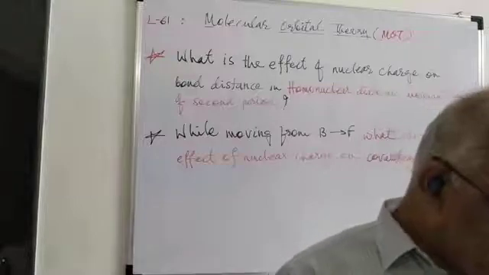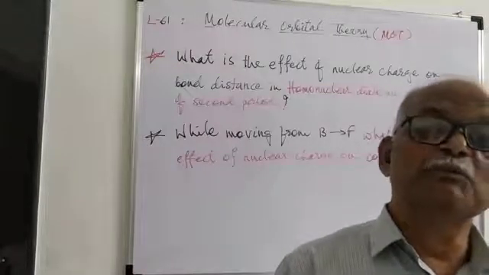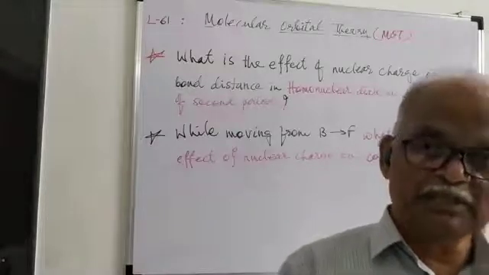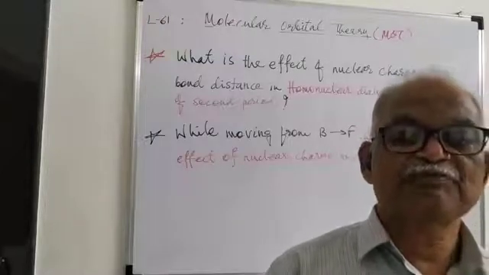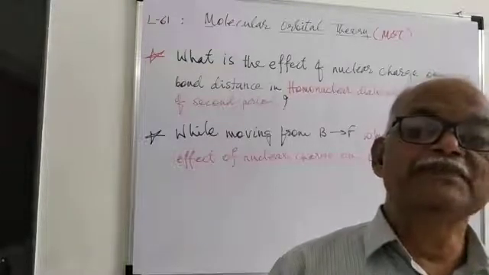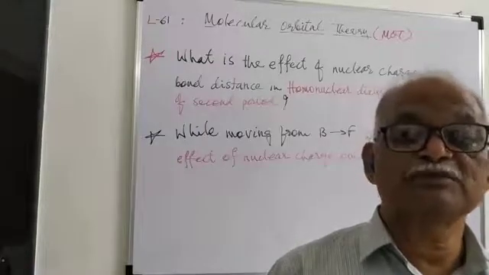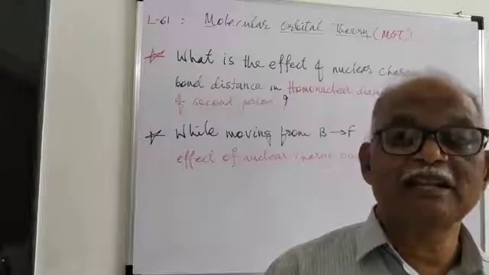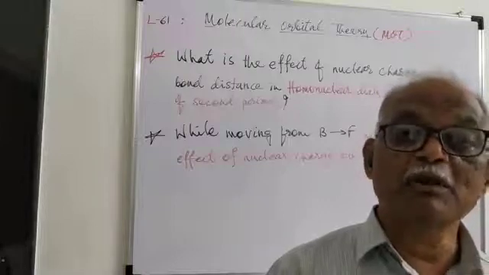But the bond distance is also changing, and there is no particular trend in the bond distance change, because of the effect of the valence electrons going into the bonding molecular orbitals, and in some cases into the antibonding molecular orbitals.